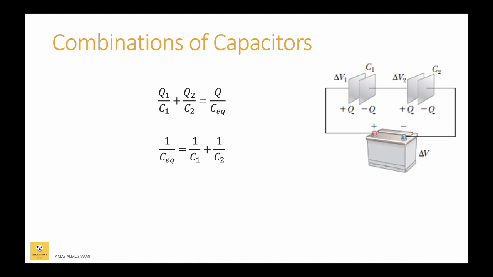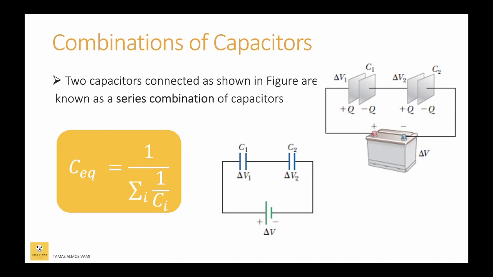And using this argument from earlier, Q1 and Q2 are the same as the Q, so we can just divide with that. And by that we get that the inverse of the equivalent capacitance is going to be the same as 1 over C1 plus 1 over C2. So we can make this general, that 1 over CEQ, the inverse of the equivalent capacitance, is the same as the sum of the inverses of the individual capacitances.